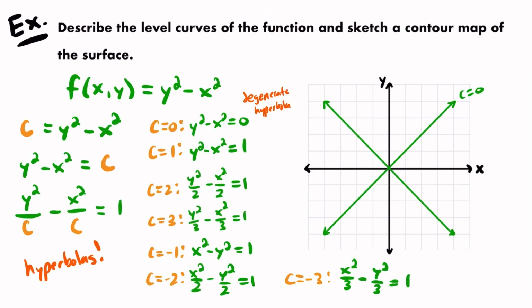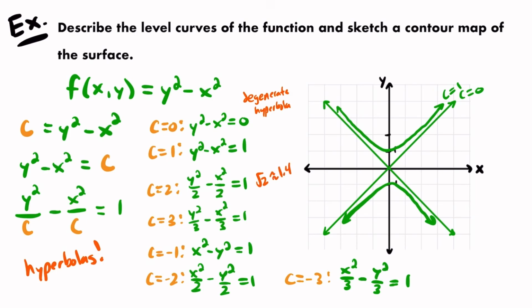So if this is y equals 1 and this is y equals -1, one of the curves for that hyperbola will look like this, and the other one will look like this. That is c equals 1. Now let's move on to c equals 2. The y term is still positive, so we're still going to be directed along the y-axis, but this time the square root of 2 will give us our y-intercepts, and as a decimal, the square root of 2 is approximately 1.4.